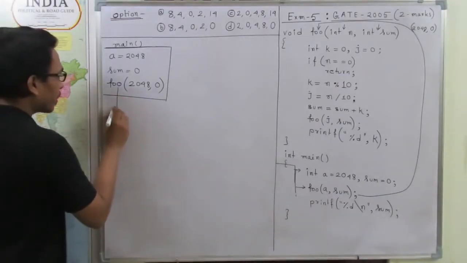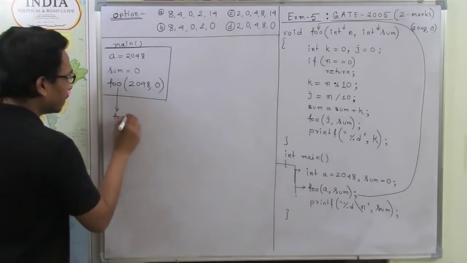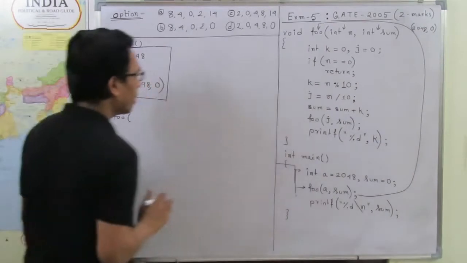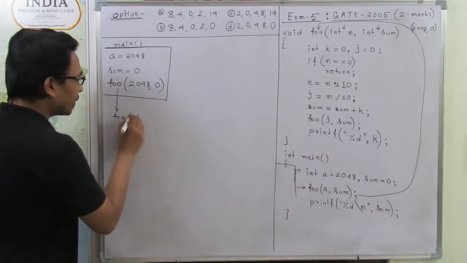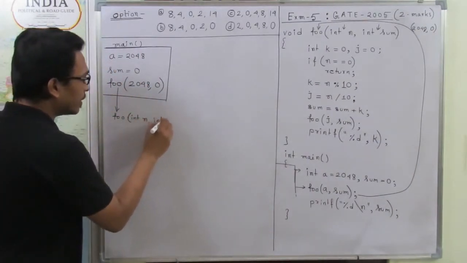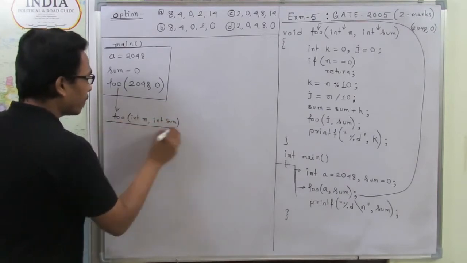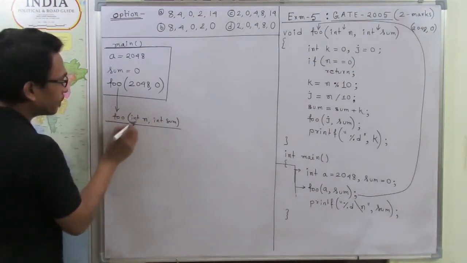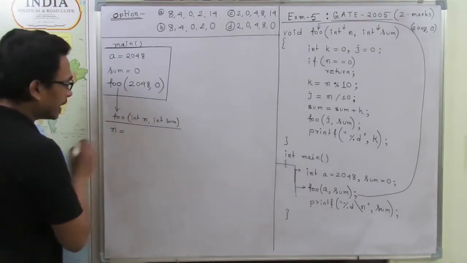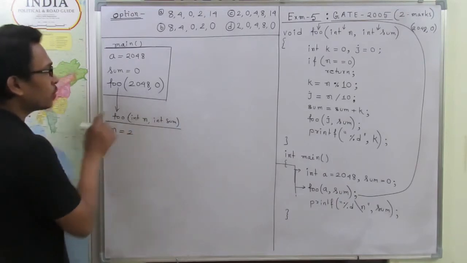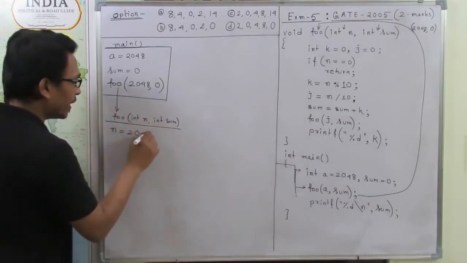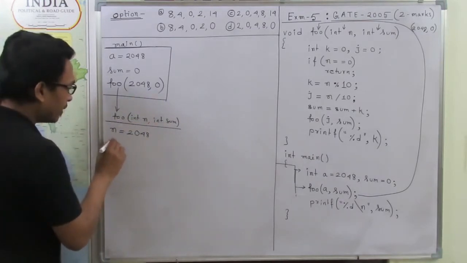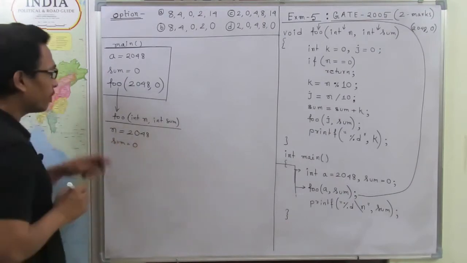In foo function we have 2 variables, integer n and integer sum. The variable n is initialized with the first argument, 2048, and the second argument, 0, is stored in sum inside the foo function.